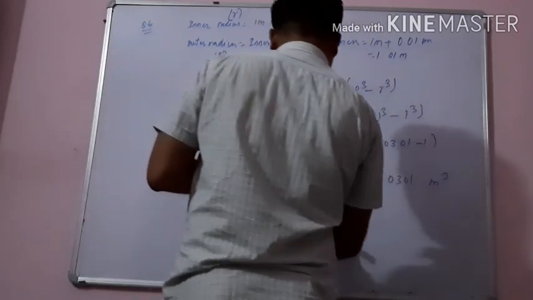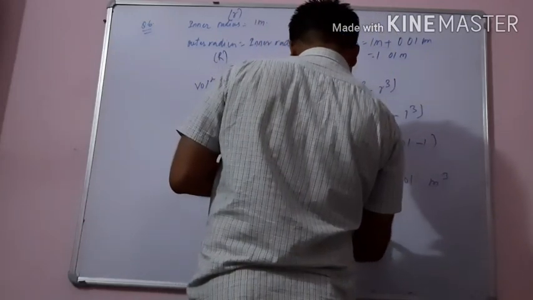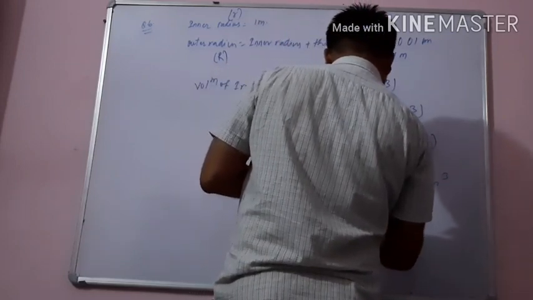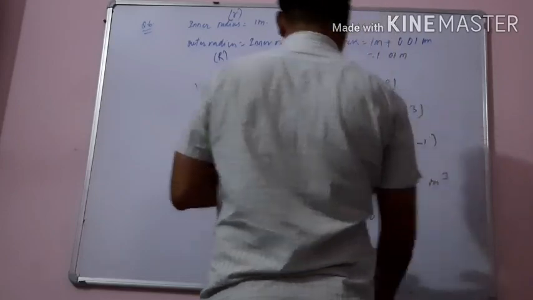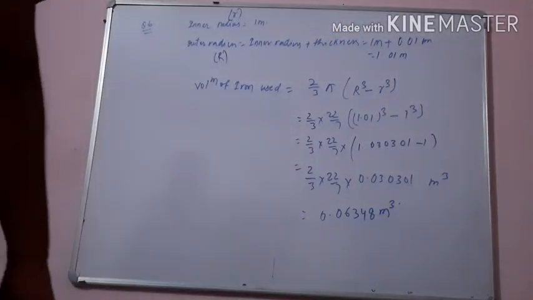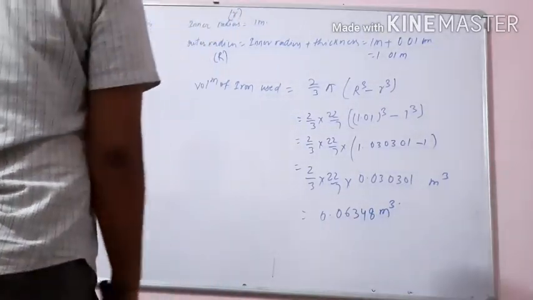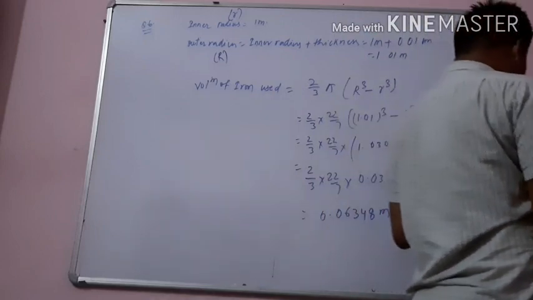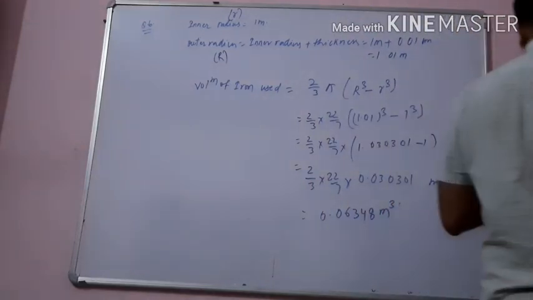When you multiply, its value will come to 0.06348 meter cube. So the iron used will be 0.04348 meter cube.